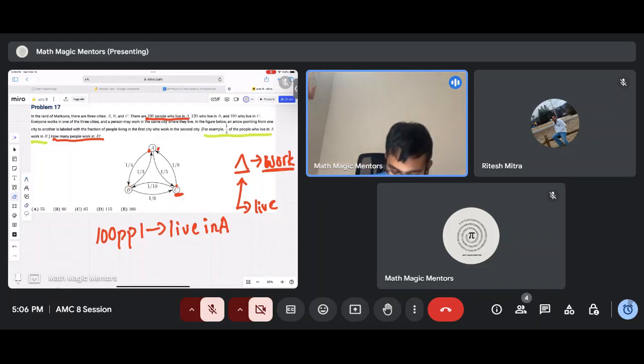Which two arrows clearly signify the amount of the 100 that don't work at A? You see this arrowhead, and this arrowhead.